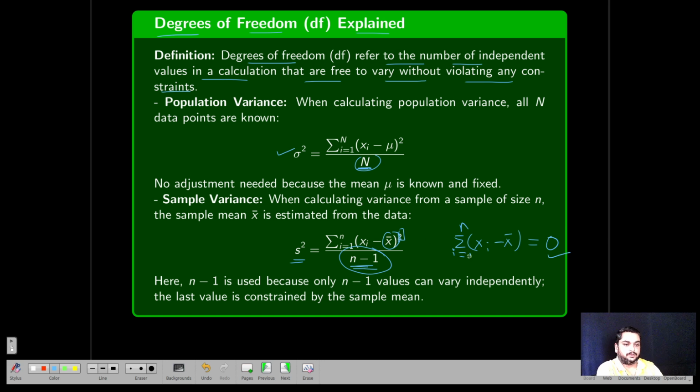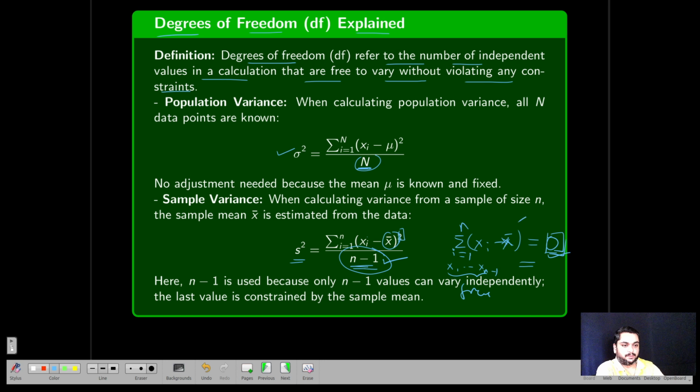You can try it. That is the reason why I have to fix one value such that I will get 0. This is the reason I am dividing by n minus 1. One is fixed, n minus 1 are free. I can take these xi values, x1 up to xn minus 1, they are free. I can give any values, but to make this 0, the last has to be fixed.